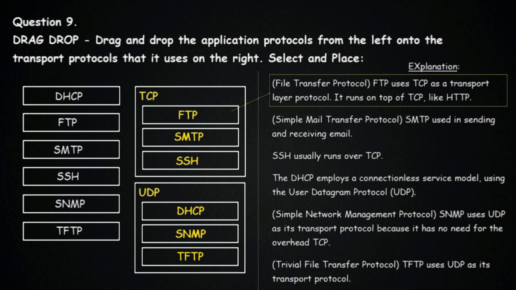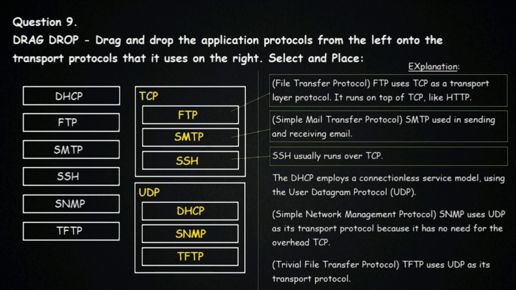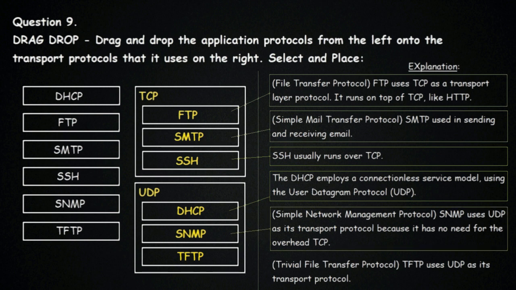It runs on top of TCP, like HTTP. SMTP is a TCP/IP protocol used in sending and receiving email. SSH usually runs over TCP. DHCP employs a connectionless service model, using UDP. SNMP uses UDP as its transport protocol because it has no need for the overhead of TCP. TFTP uses UDP as its transport protocol.